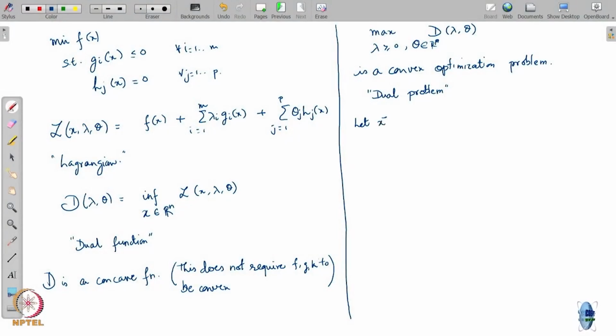So, where does weak duality come from? Suppose now, let us say, I will call this problem P. Let x star be an optimal solution of P, and now let us look at the Lagrangian L of x star comma lambda comma theta.